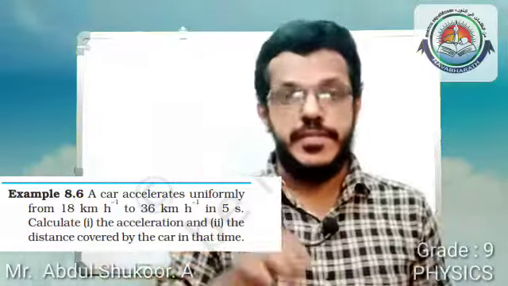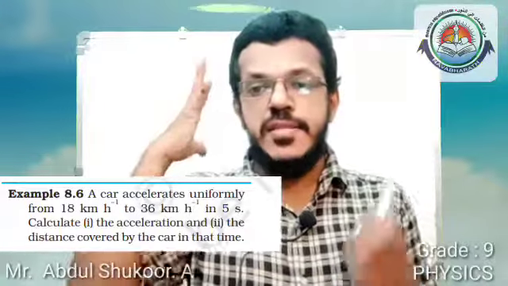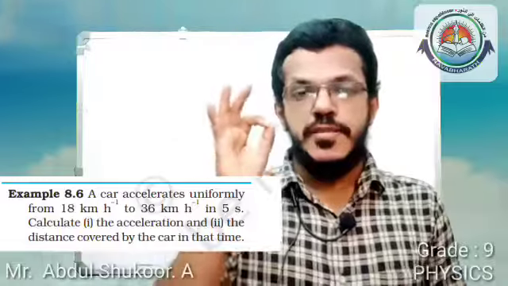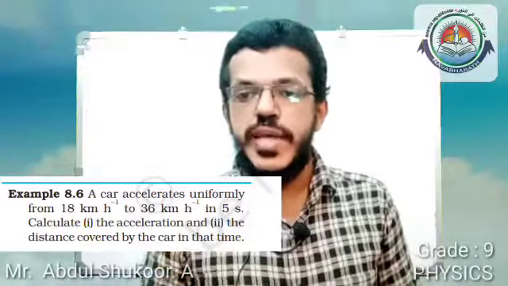A car accelerated uniformly from 18 kilometer per hour to 36 kilometer per hour in 5 seconds. Calculate the acceleration and the distance covered by the car in that time. What are the values given in the question?